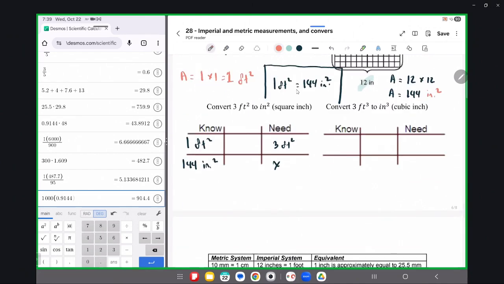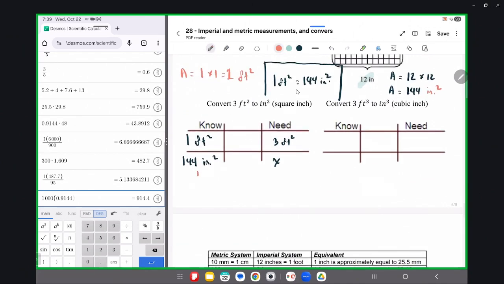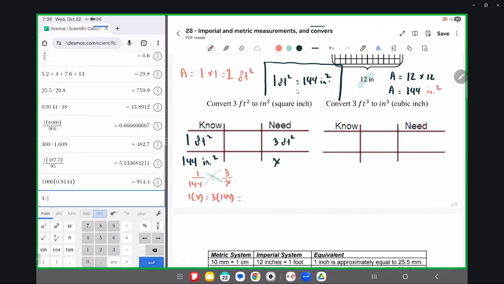So setting up our ratio, we have 1 over 144 is equal to 3 over x. Using the means and the extremes, we find that 1 times x is equal to 3 times 144, which is equal to 432 square inches, or inches squared.